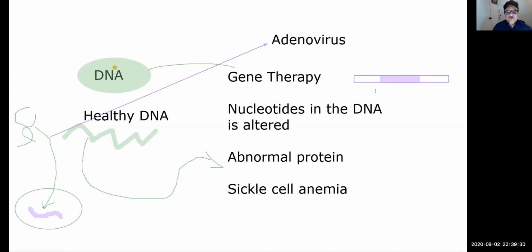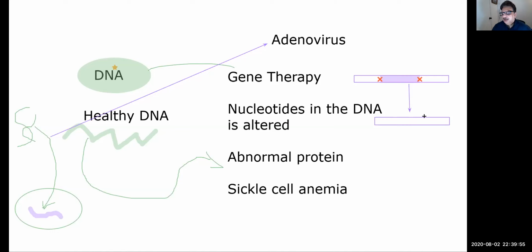So what scientists do, using a restriction enzyme, is cut the bad DNA and remove it. Bad DNA means DNA that causes disease.